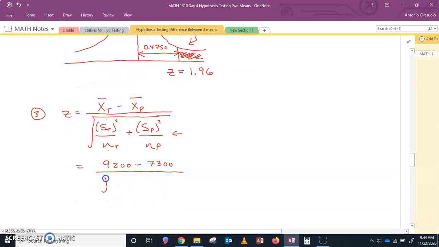the square root of 1920 squared. And the sample size used there was 35. Plus 1870 squared.